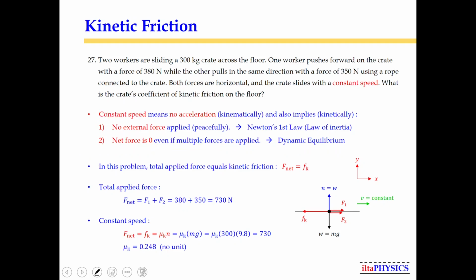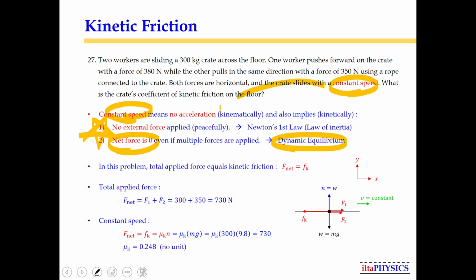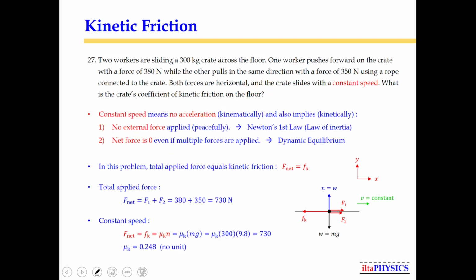Most physics problems are designed for us to analyze motion using this dynamic equilibrium situation. In other words, the clue moving at a constant velocity allows us to set up the equation, the sum of all applied forces equals zero, to solve the problem. In this problem, the forces applied by the two workers are exactly canceled out by the kinetic friction, so the box moves at a constant velocity.